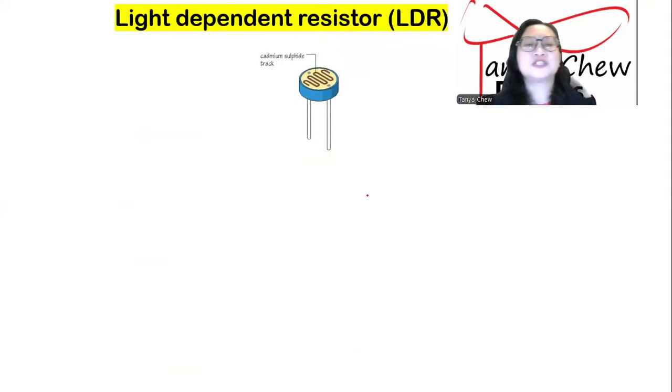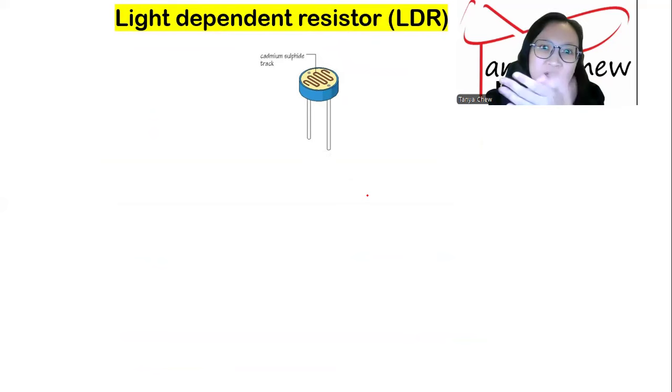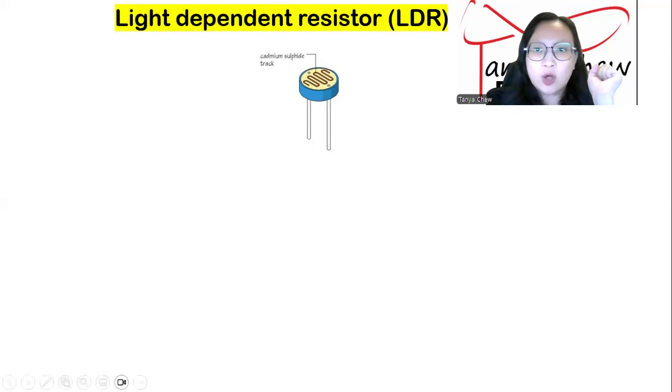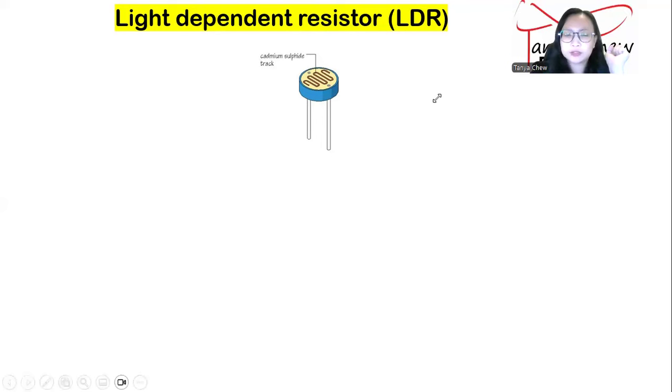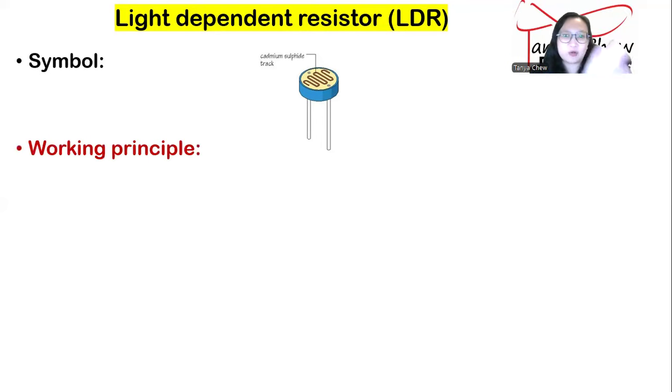Now, potential divider is also related to some electrical components. The very important one is the one that I put here, which is called light-dependent resistor, or in short, LDR. So do you know the function of LDR? This is the symbol of LDR. LDR uses semiconductor.